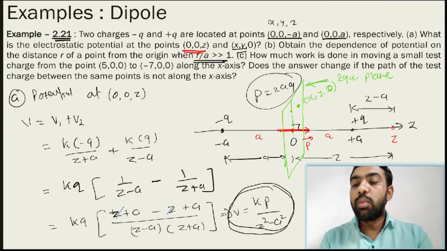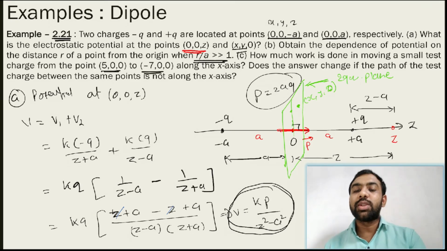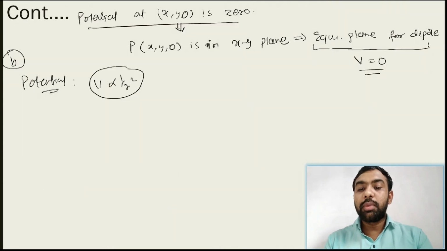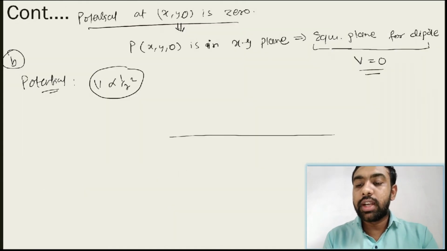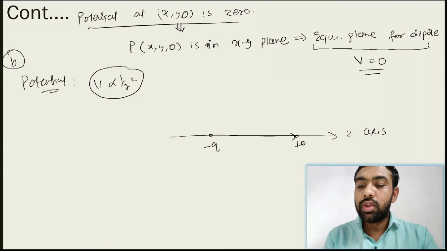Okay, and how much work is done in moving a small test charge from 500 to minus 700 along the x axis? Along the x axis, meaning if you just draw this z axis, suppose the dipole is like this, minus q to plus q.